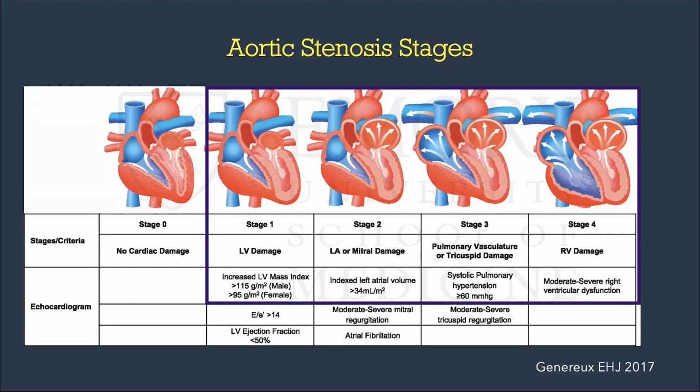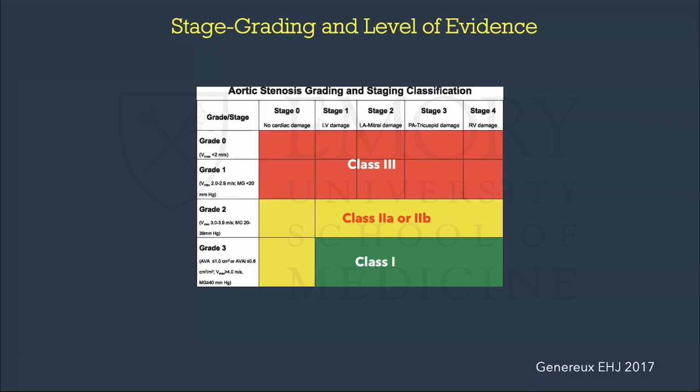The importance of these stages comes from understanding that aortic stenosis is not necessarily an isolated valve disease. It's more of stages that patients can go through. And these stages have an implication for the level of evidence for intervention.